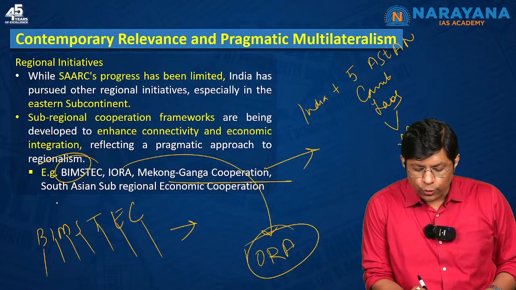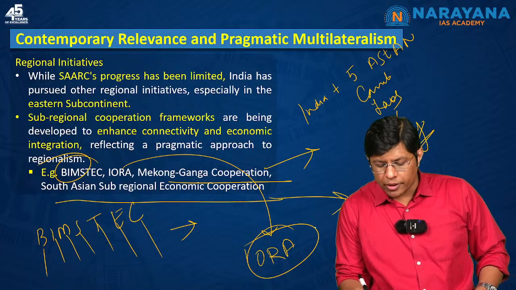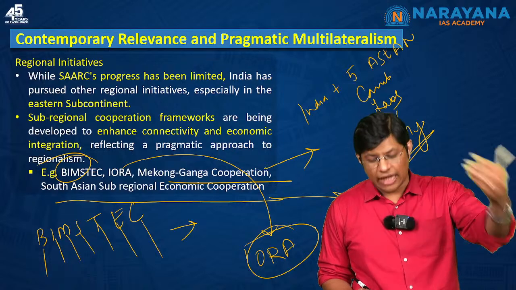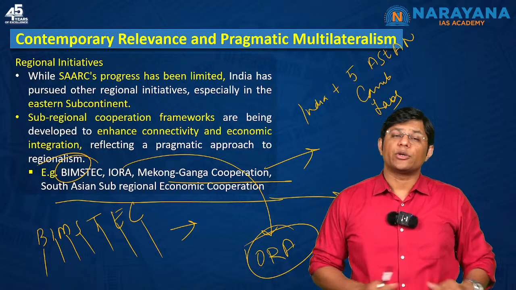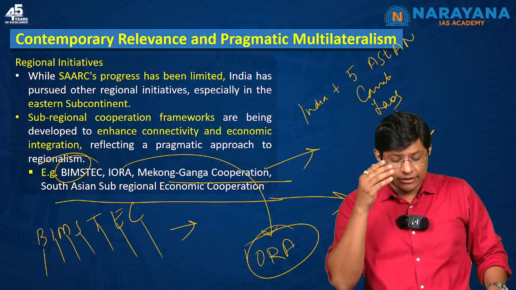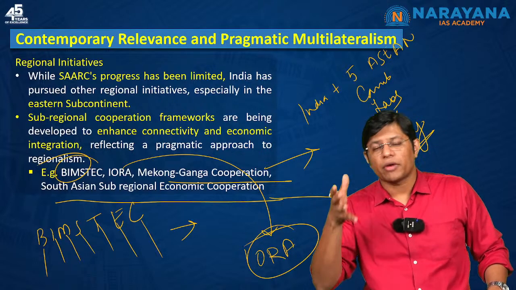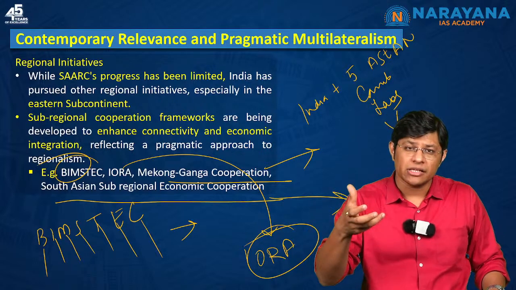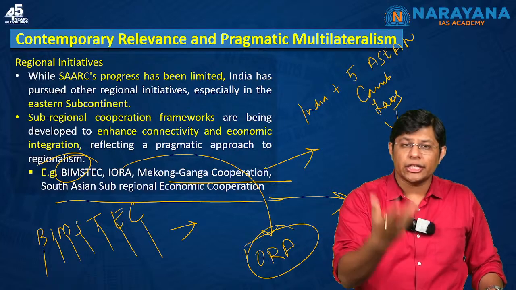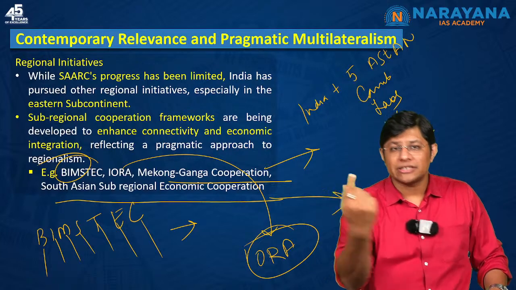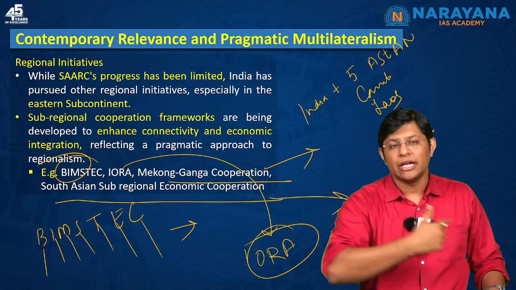And then South Asian Sub-Regional Economic Cooperation, all the countries in SAARC minus Pakistan. So India had to focus on these sub-regional alternatives. Why? So as to strengthen the regional integration and ensure that trade between all these regional stakeholders takes place.